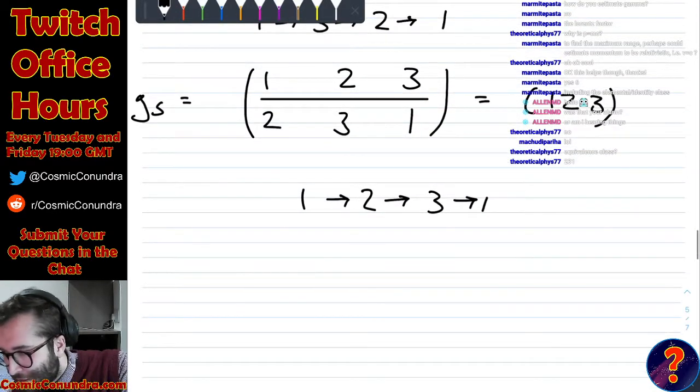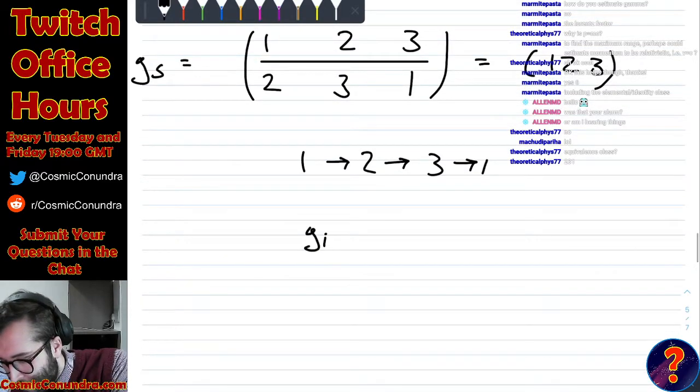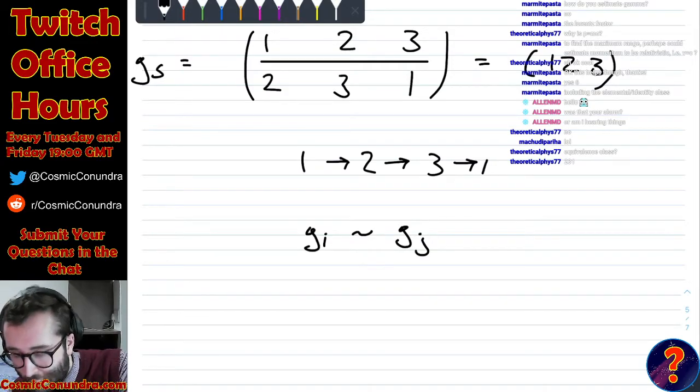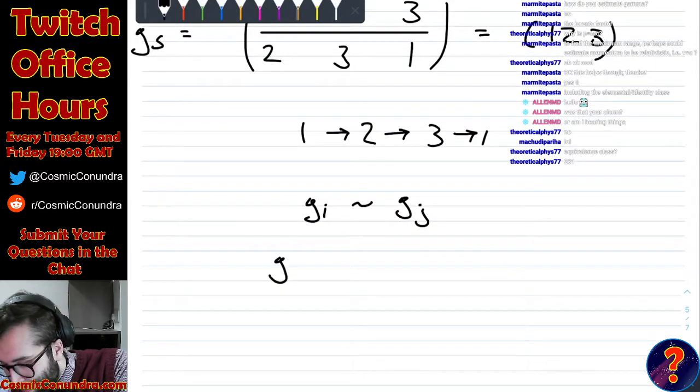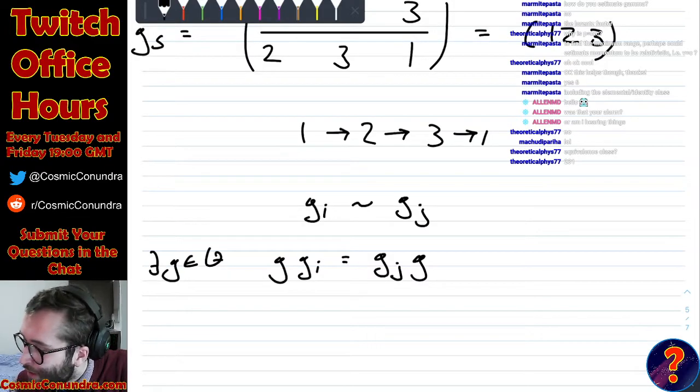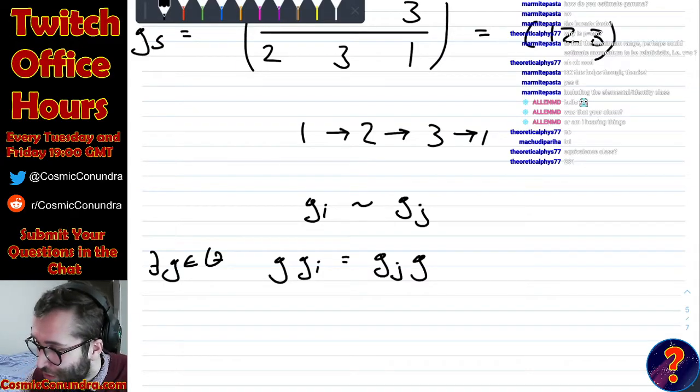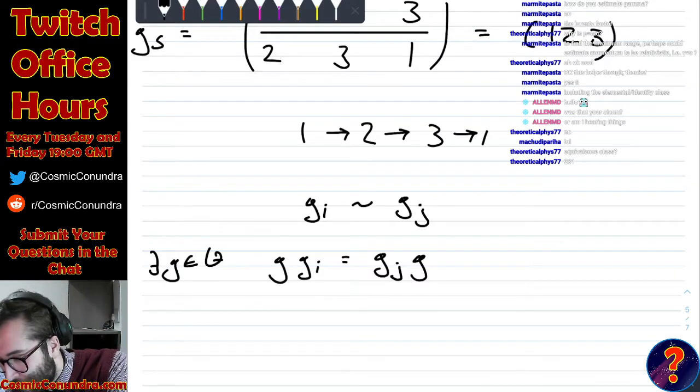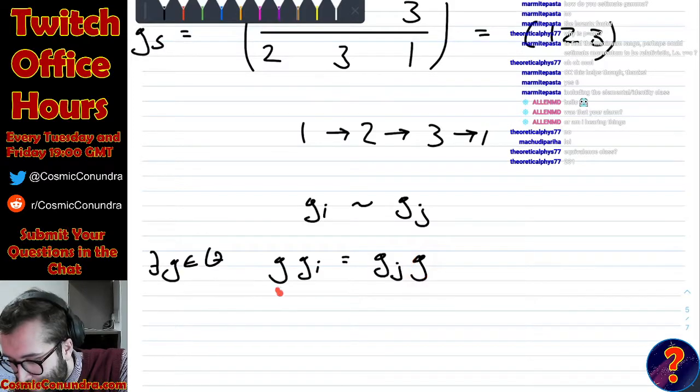Two things, Gi and Gj, are in the same conjugacy class if there exists some G in the group such that G times Gi is equal to Gj times G. This defines the conjugacy class between Gi and Gj. They're in the same conjugacy class if there exists some G such that this is true.